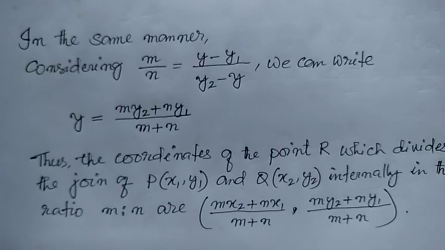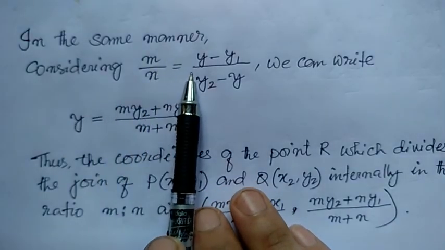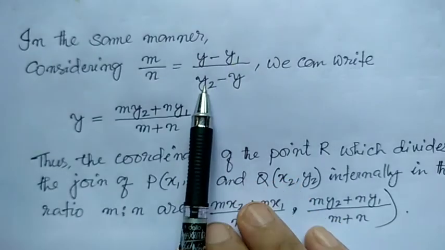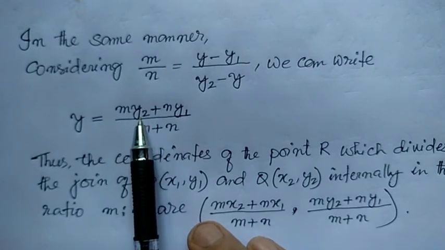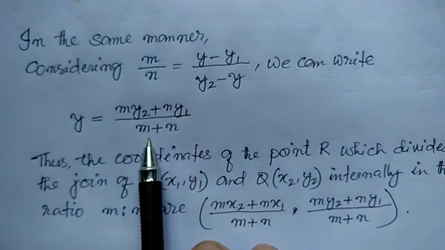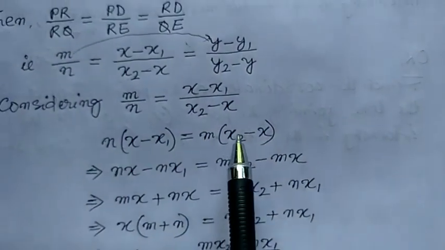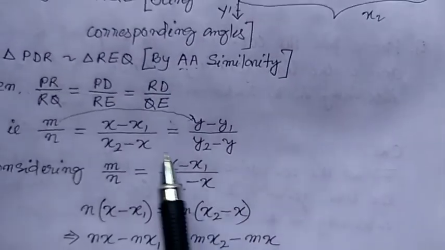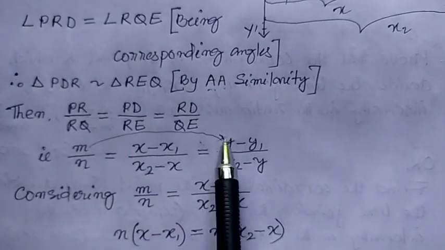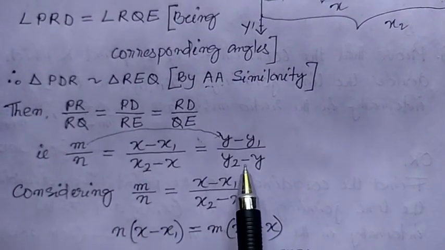Now let's see. Considering in the same manner, m by n is equal to y minus y1 divided by y2 minus y, we can write y is equal to my2 plus ny1 divided by m plus n. Yeah, without calculation you can simply get it. How? Let's see. In case of x, we get x is equal to mx2. The only difference here is in place of x it is now y, in place of x1 it is y1, in place of x2 it is y2.